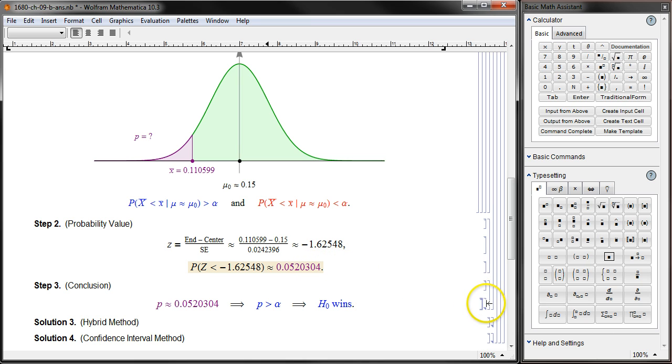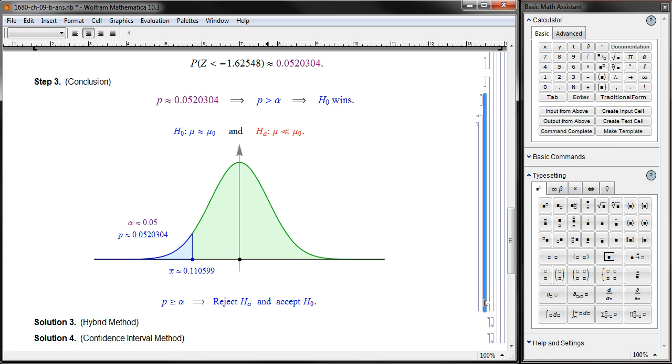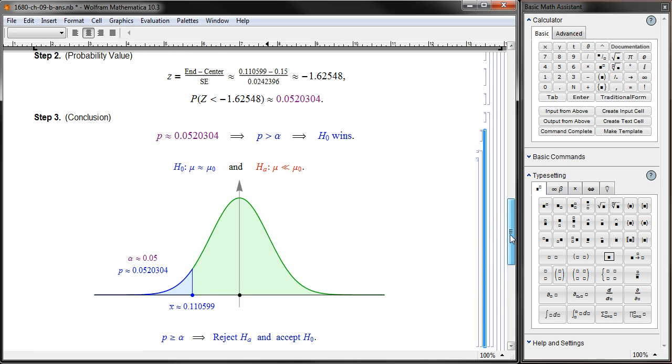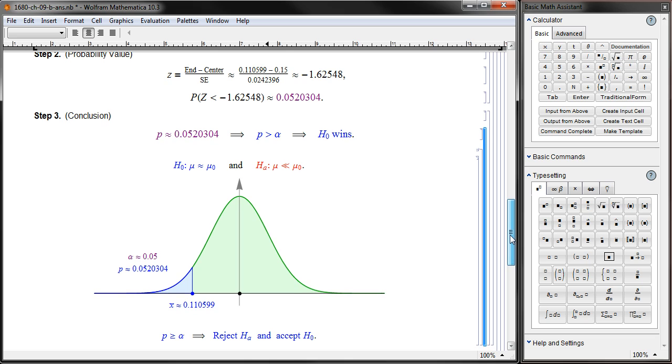So H0 wins. Now the purple part is highlighted in blue because it's greater than 0.05. But then again, this is when I use technology. I just use Mathematica to do the computation, which can handle the t-curve and all kinds of things.